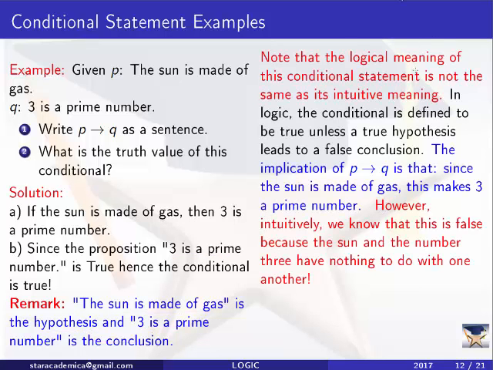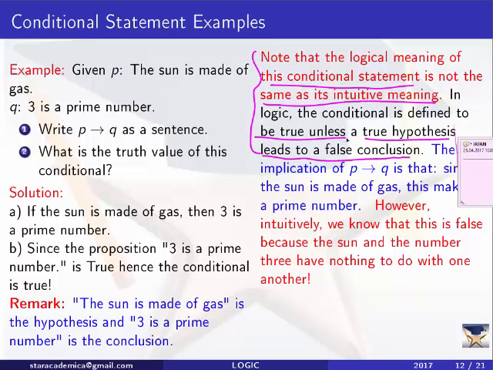Also, we note that the logical meaning of this conditional statement is not the same as its intuitive meaning. In logic, the conditional is defined to be true unless a true hypothesis leads to a false conclusion. This is how we need to think in order to get it right. The implication of P implies Q is that since the sun is made of gas, this makes 3 a prime number.